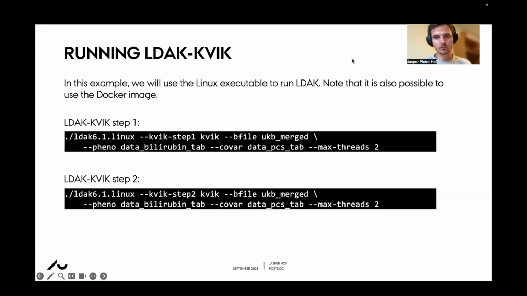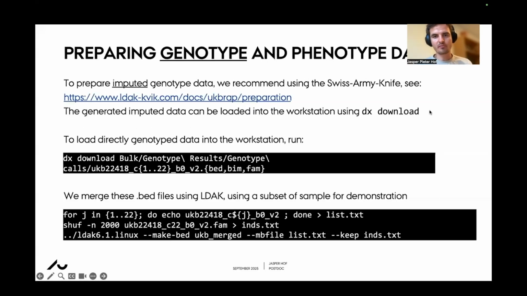Now that we have prepared our phenotype data and our covariates, we can prepare our genotype data. For this, it's possible to prepare imputed genotype data or to focus on directly genotyped data. If you wish to work with imputed genotype data, we do not recommend working with this cloud workstation because it might take a long time to download and clean these data.